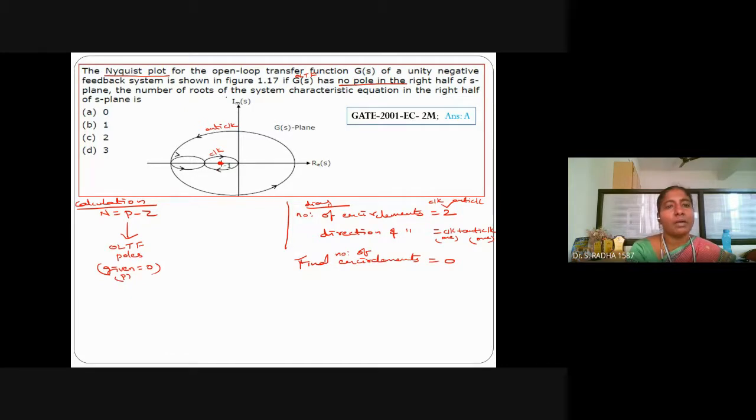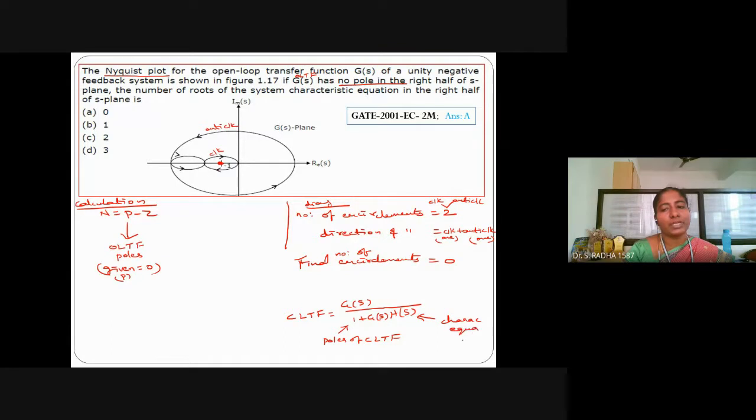The question asks for the number of roots of the system characteristic equation in the RHS of the S plane. So what is the system characteristic equation? The closed loop transfer function is G of s by 1 plus G of s H of s. This denominator is nothing but the poles of the closed loop transfer function, also called the characteristic equation.